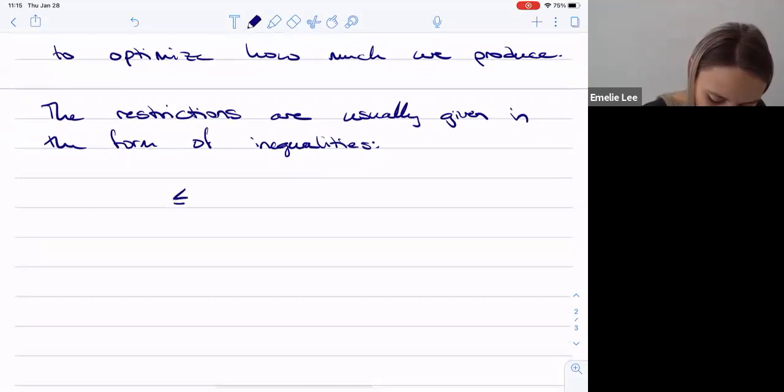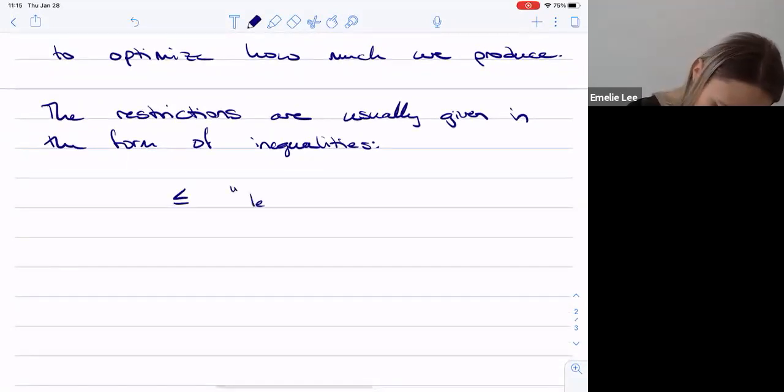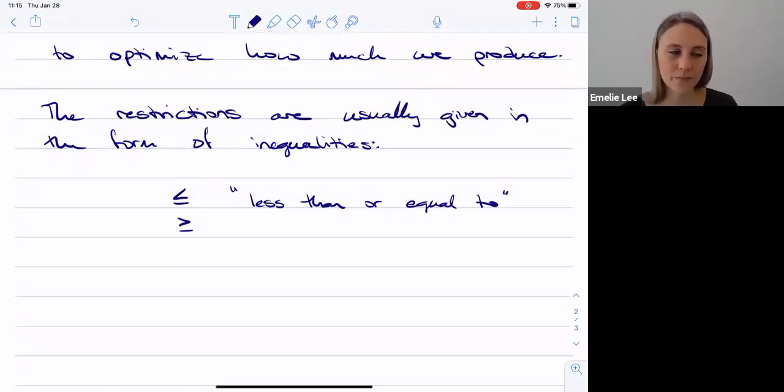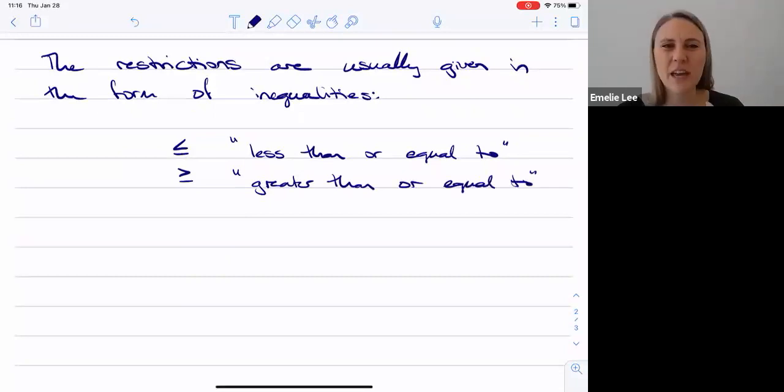First thing, less than or equal to looks like this, and greater than or equal to. You might remember, the alligator eats the big one. That never really made sense to me.